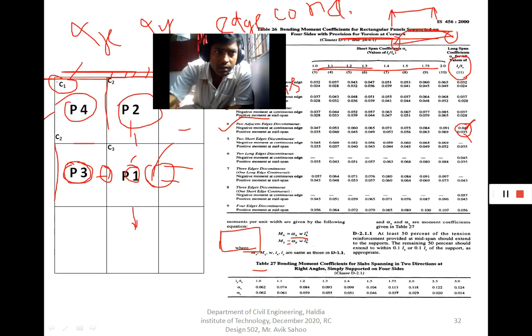So it means in this corner, as per clause D-1.8, you have to apply the reinforcement, and the length is Lx by 5, 1/5 of the shorter span.